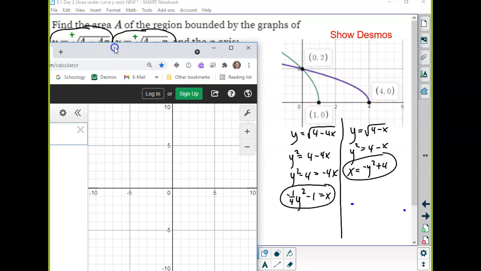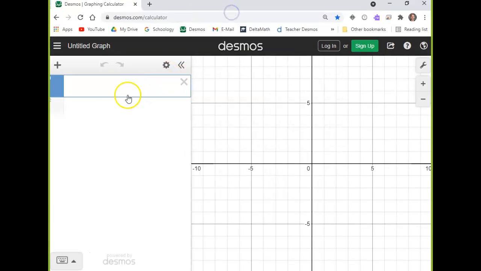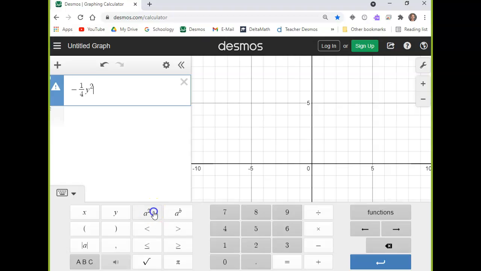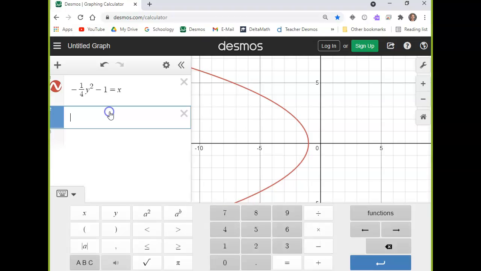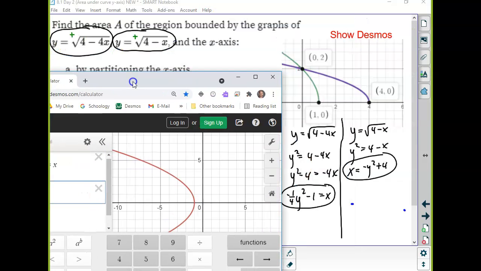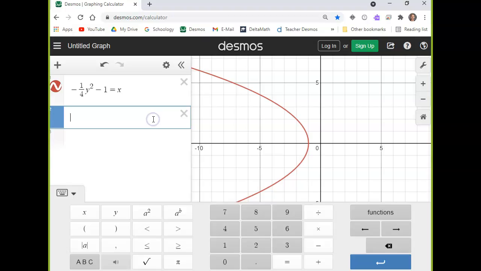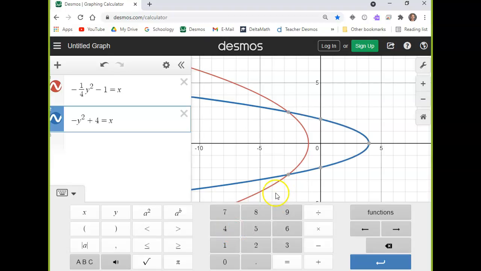So I'm going to memorize these. Negative 1/4 y squared minus 1 equals x. And there's part of your graph. And then the other one was negative y squared plus 4. So negative y squared plus 4 equals x.